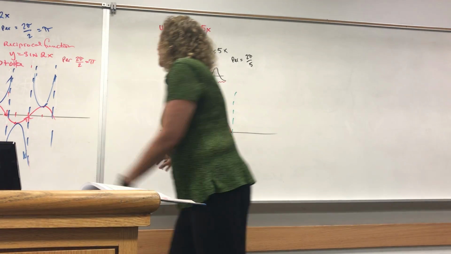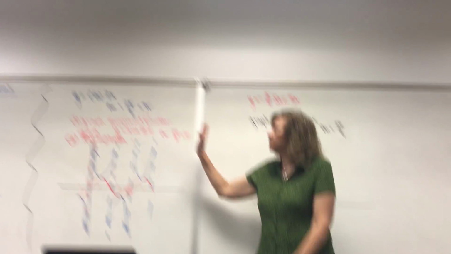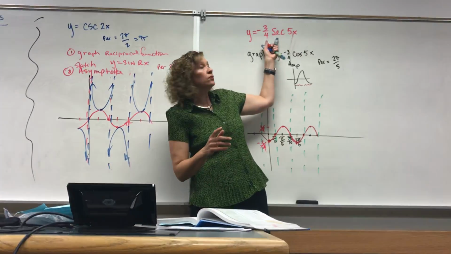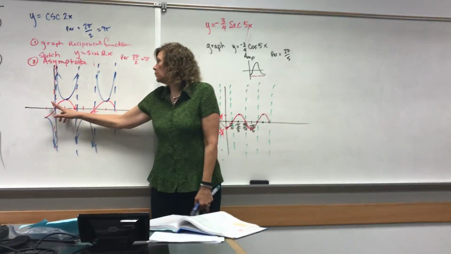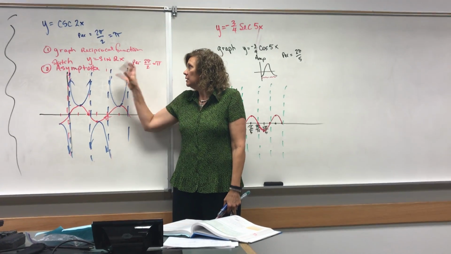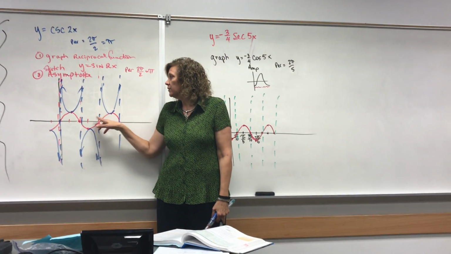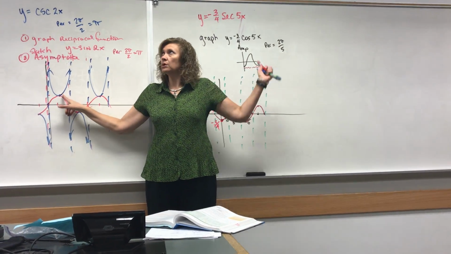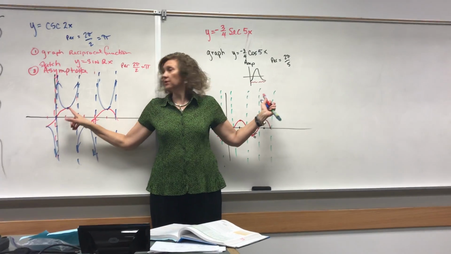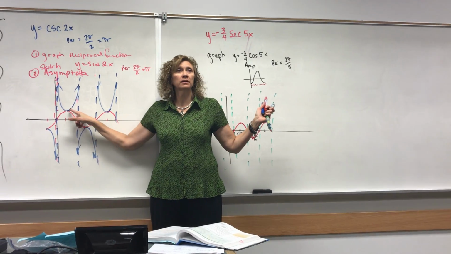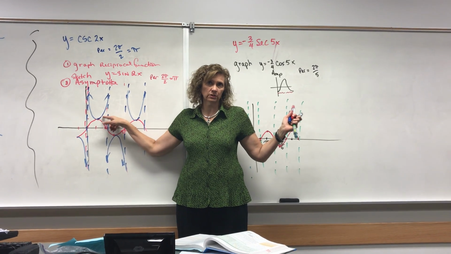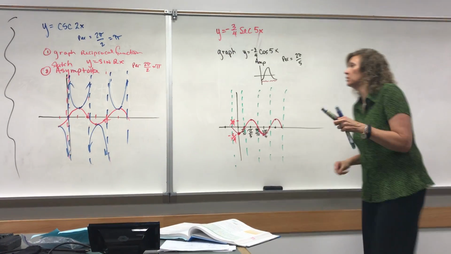But the really cool thing about these graphs, even when I have a coefficient in front, is once we graph the related sine or cosine curve, the secant or cosecant curve is always going to connect or intersect with the other one. It's reciprocal at that point.